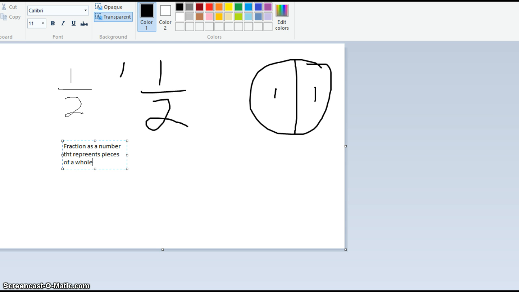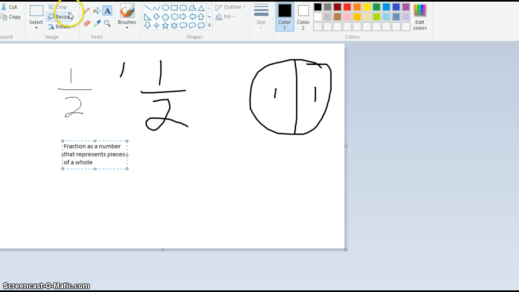So again, one more time, a fraction, think of it as a number that represents pieces of a whole. So what do I mean by that? Again, going back to our example, if I have a circle, it simply means that I have an object, such as, let's say, a pizza pie. I have one piece, I have 2 pieces.